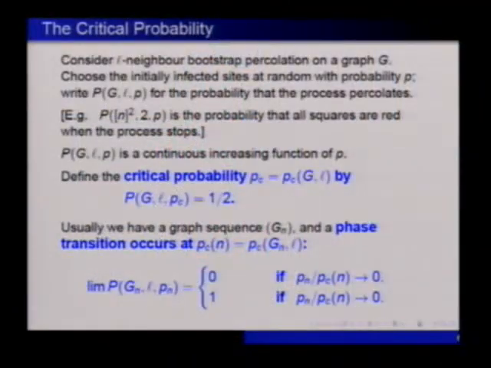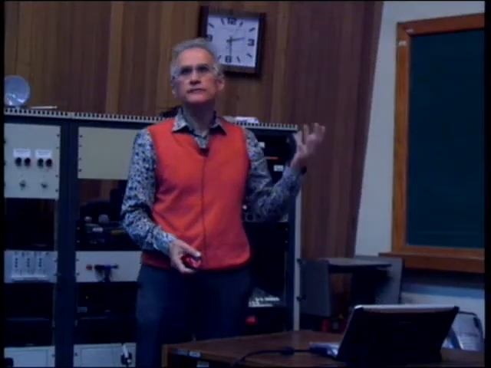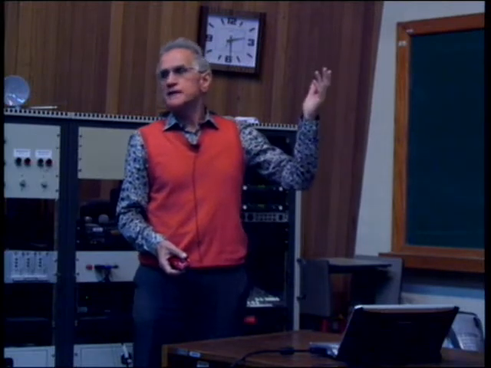So there is a phase transition that occurs at that stage, taking it in the crudest sense. Anyhow, we have this phase transition, and what we care about is this critical probability. So is it clear what I mean by critical probability? There could be several definitions.